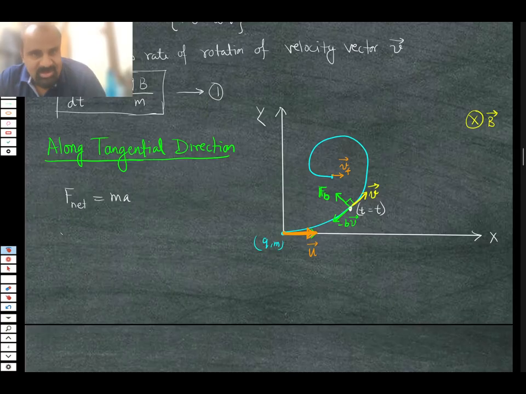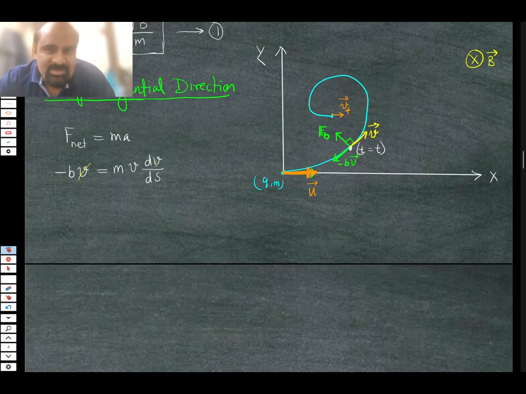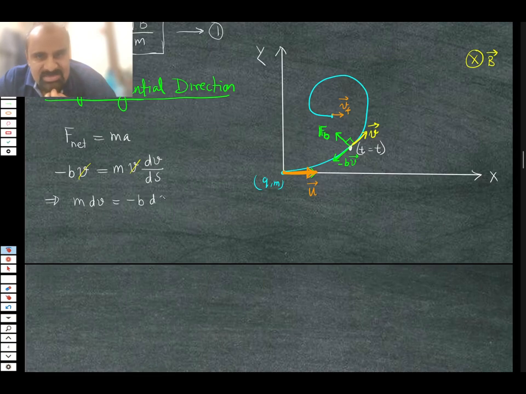So I'm going to write minus bv is equal to m, and this acceleration I'm going to write as v dv by ds. One of the v will get cancelled, and you will get m dv is equal to minus b ds, and then we can integrate it.